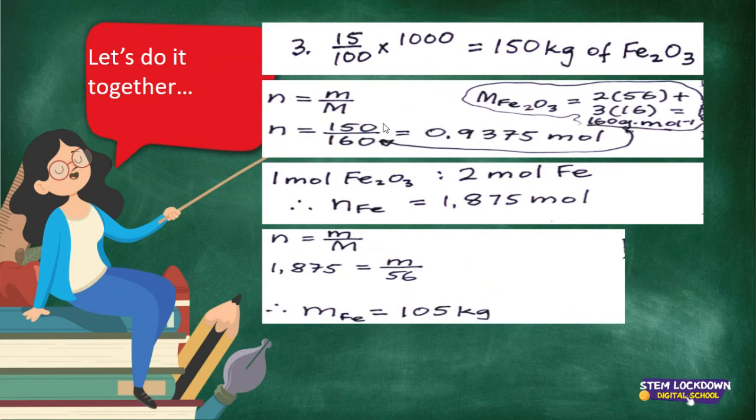Remember this is not 150, it is 150 kg, which is 150,000 grams, because here we are working in grams.